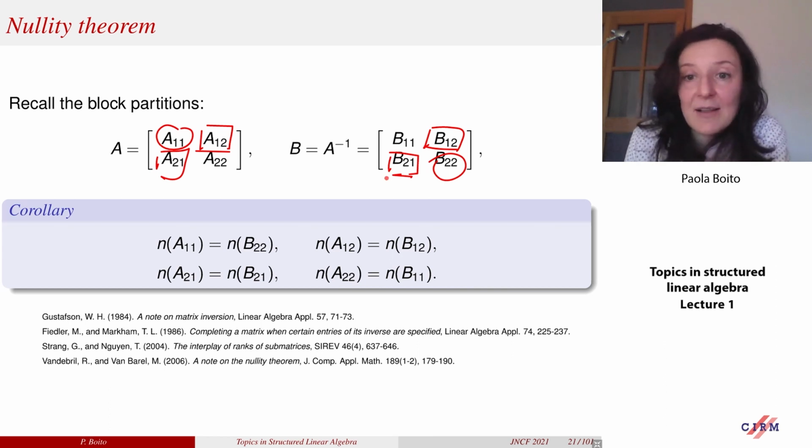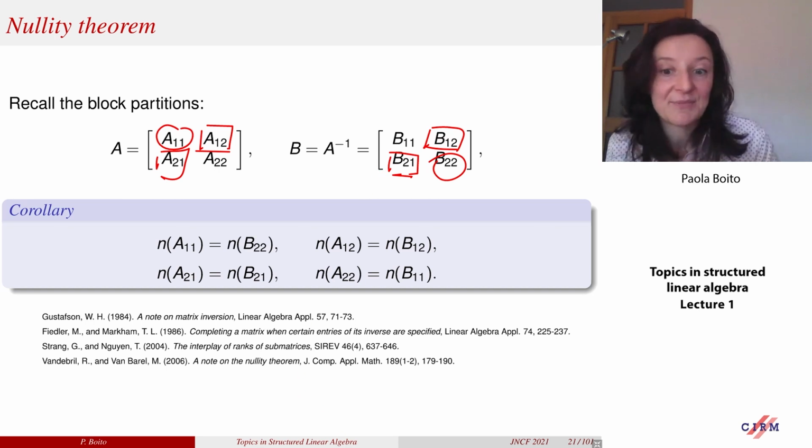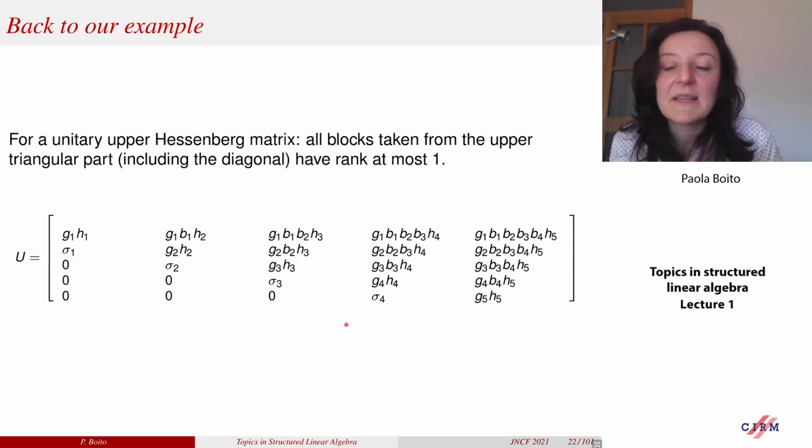So we have results on the nullity of the off-diagonal blocks in the upper triangular part of our unitary matrix. And so what we can conclude is that a unitary upper Hessenberg matrix is such that all blocks taken from the upper triangular part, including the diagonal, have rank at most 1.